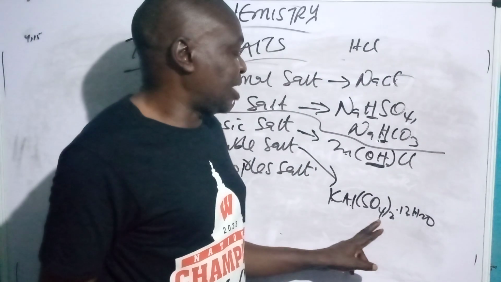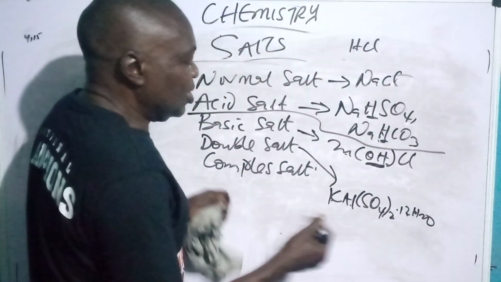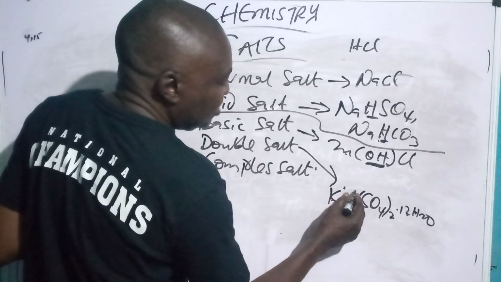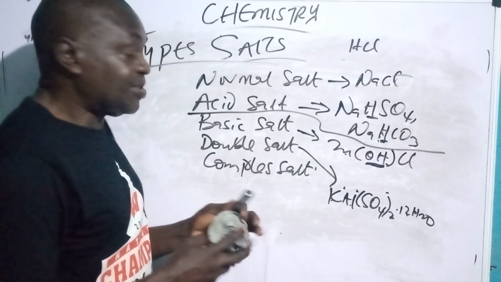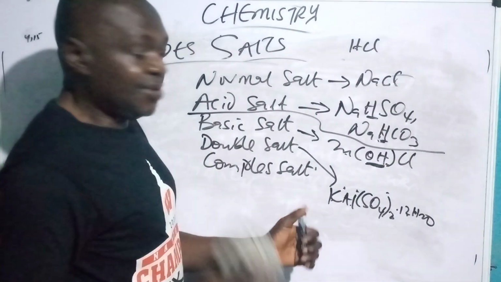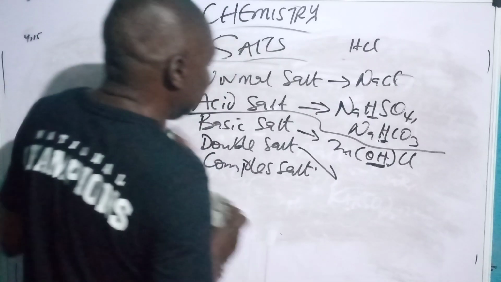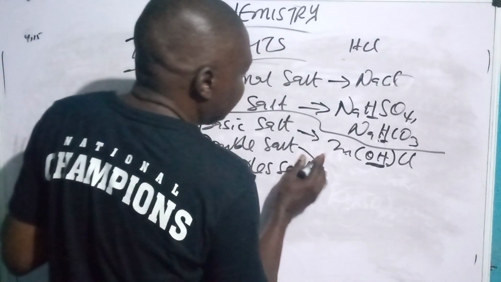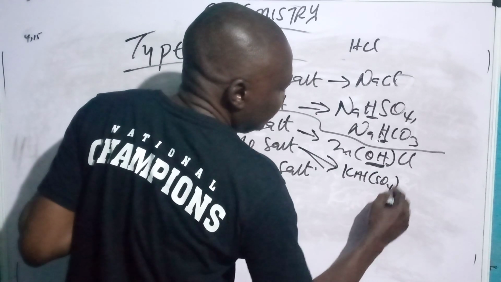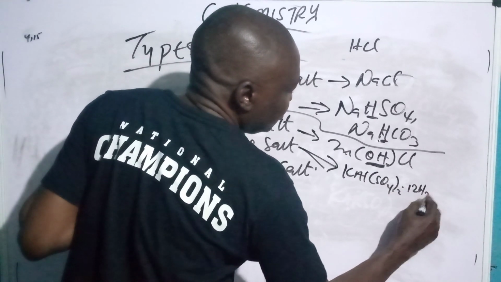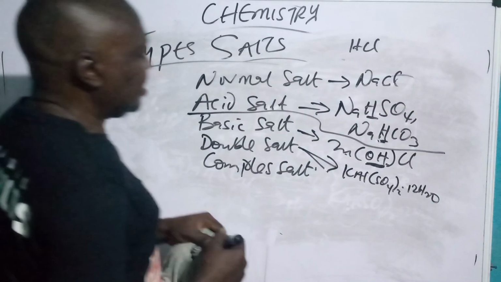So this is a double salt. You see that this one is positive, this one is positive, and this one is negative. It ionizes and has 3 kinds of ions, in which 2 are positive and 1 is negative. That is how you identify a double salt, KAl(SO4)2.12H2O.